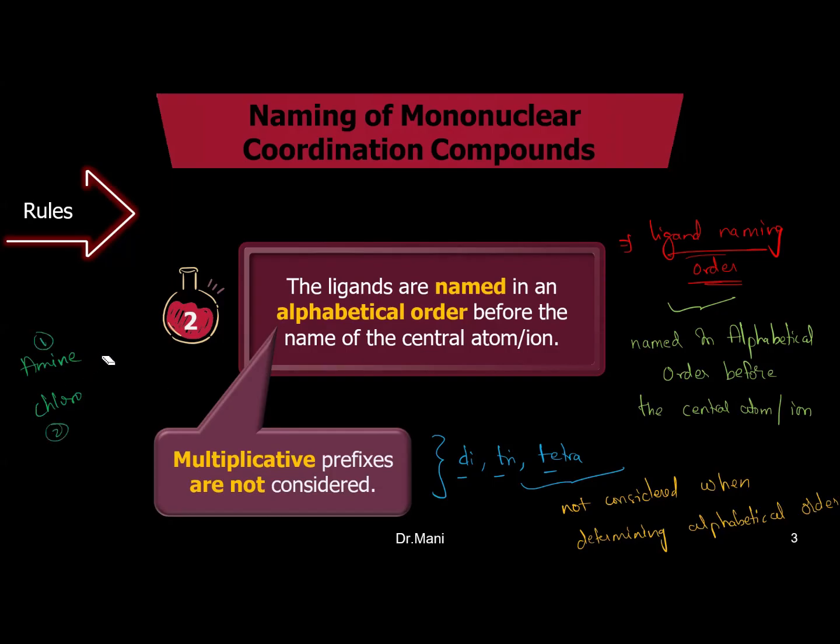Suppose you have triamine and dichloro. Which one will we choose first? We will still choose amine first. We will not consider di or tri in this case. Whenever you have multiplicative prefixes, they are not considered for determining the alphabetical order of the ligands. Is this clear?